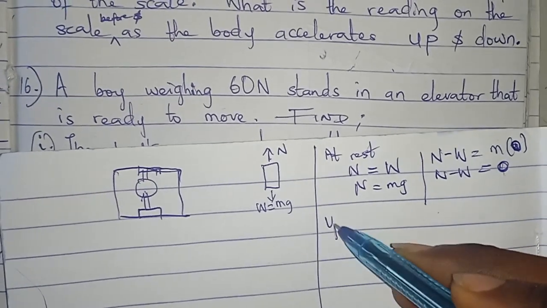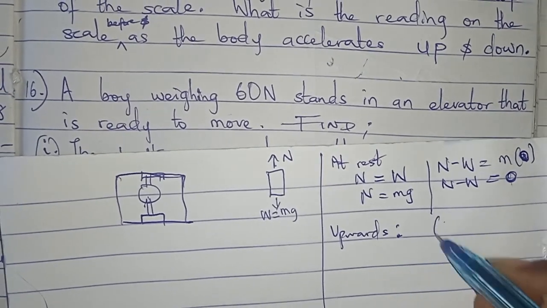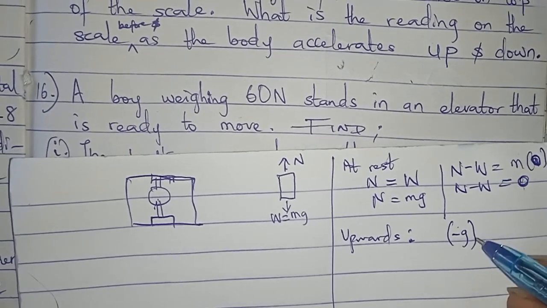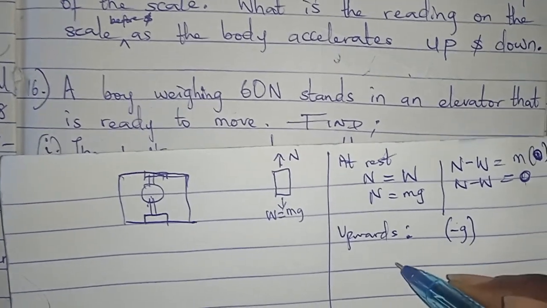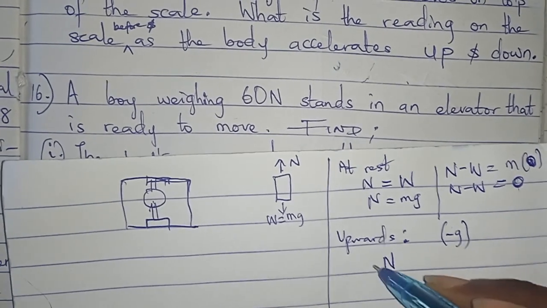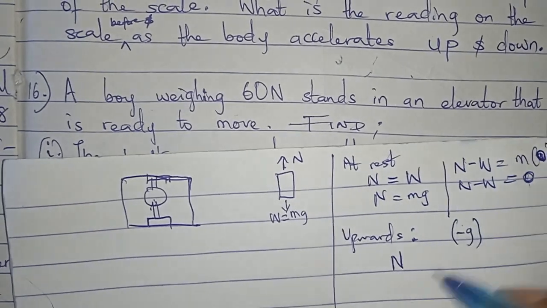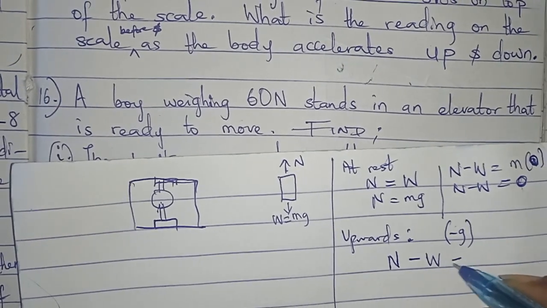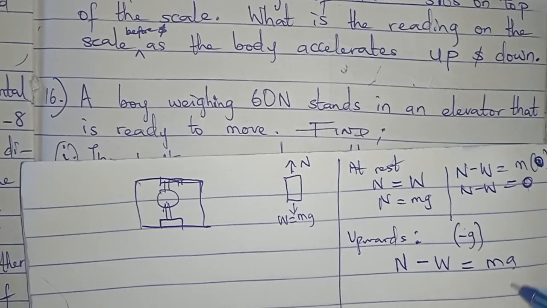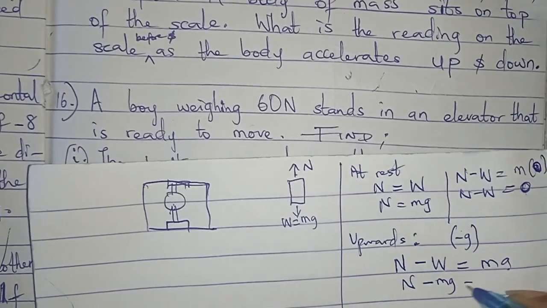Now upwards, whenever a body is moving upwards, acceleration due to gravity is negative. So that means it will affect the weight, because weight carries g, mg. Since it's going up, N will be positive, is favored, going in the direction of normal force, upwards, minus weight equals ma, and there's acceleration here, so acceleration will not be 0 again. So N minus mg equals ma.